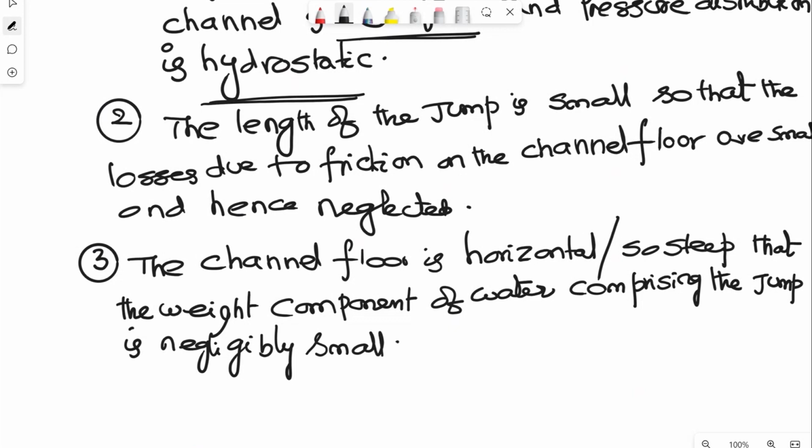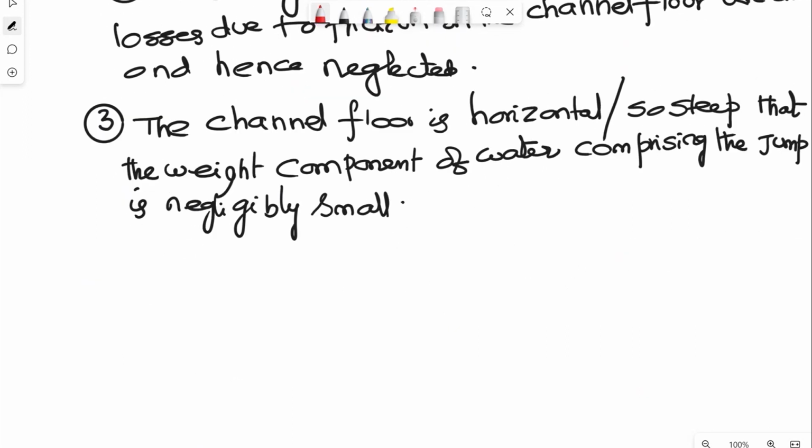These are the three assumptions. Now, after this, I will go for the equation.